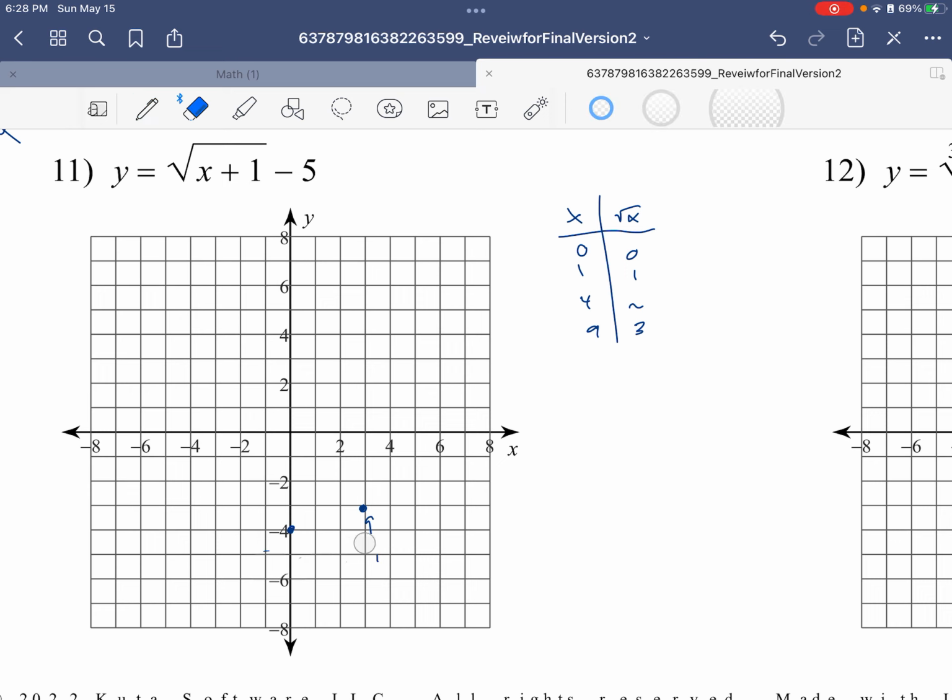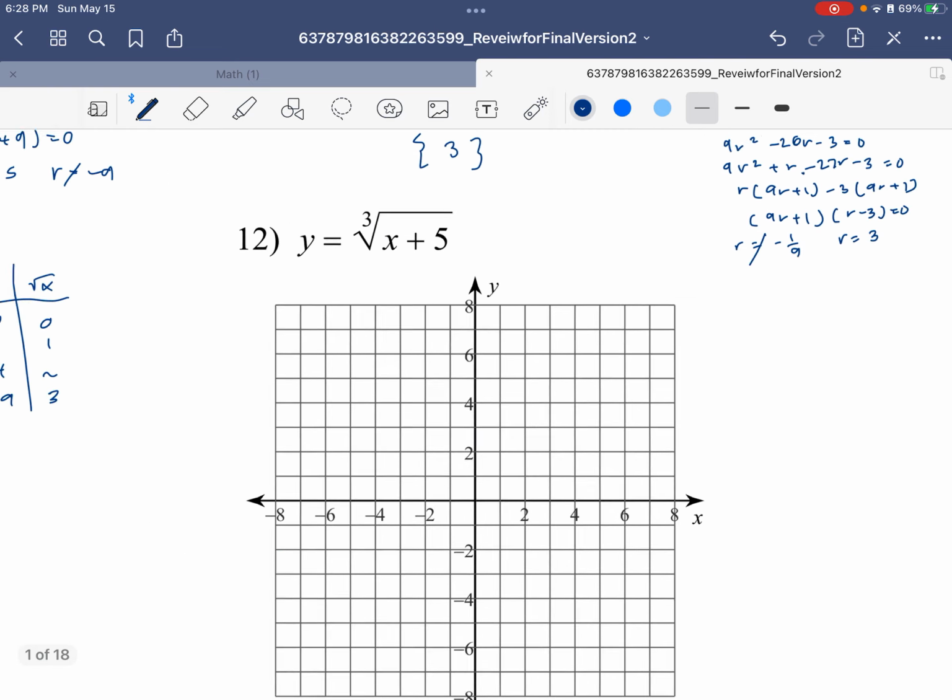And then 9, 3, so 9 to the right, up 3. And then you're just going to graph this like that. Okay, next.